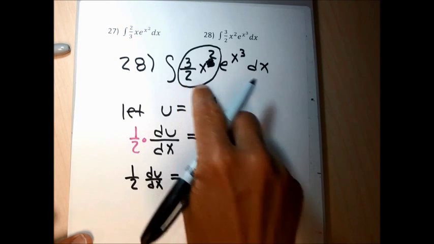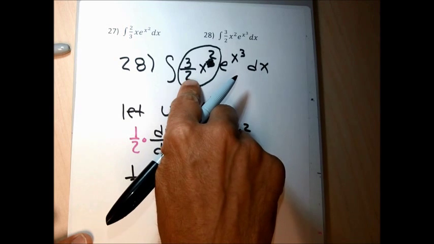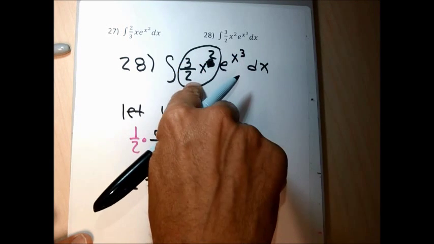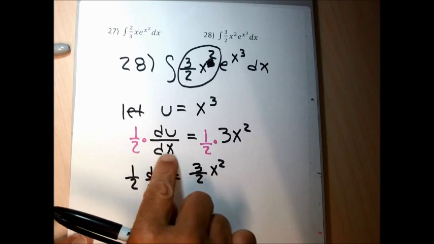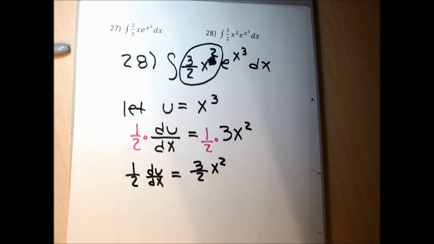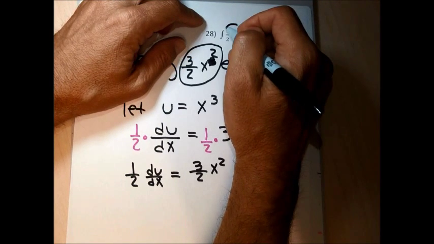So because I had a 3x squared and I needed a 3/2 x squared, I had to divide by 2, but dividing by 2 on this side would be a mess, and dividing by 2 is the same as multiplying by 1/2. So now I'm going to make my change outs.